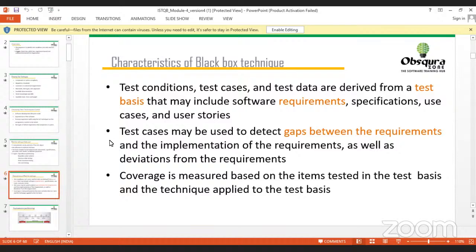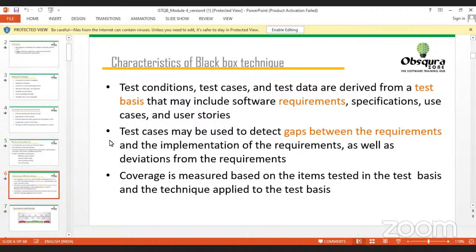That means, we will be having some requirements, and after the implementation is done, we will be matching it with the requirements. Each test case has to be mapped to the requirements so that we can detect the gaps between the requirements and the implementations.